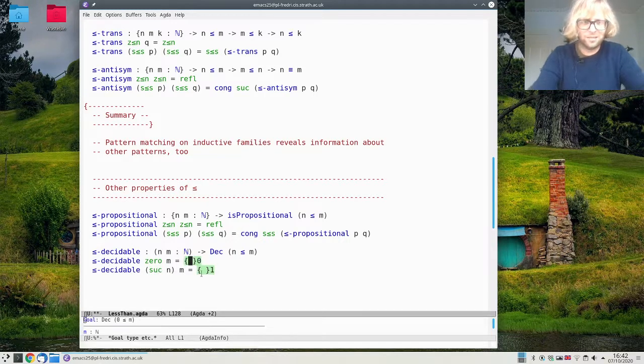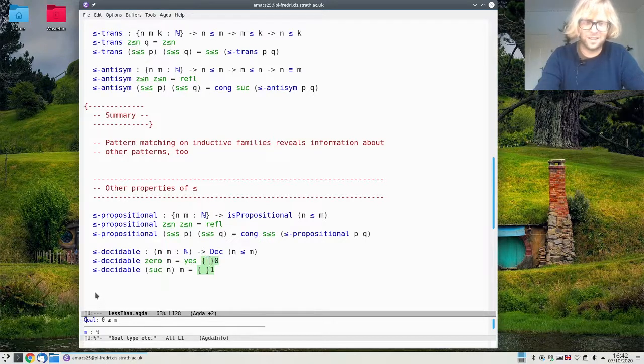If it is a 0, then we have to decide if 0 is smaller than or equal to m or not. But we have a constructor for this, so we know that this is always going to be the case. So I'm going to say yes, that's one of the constructors for the Dec type. Yes, it is the case that 0 is smaller than m. And now here, I have to give a proof that 0 is smaller than m.